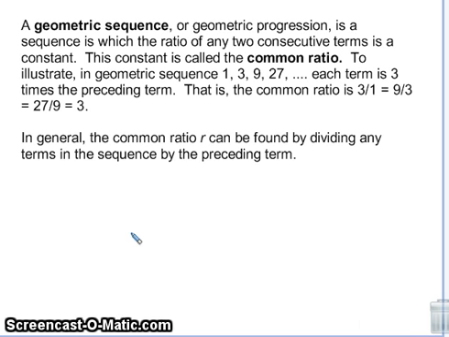In general, the common ratio R can be found by dividing any term in the sequence by the preceding term. And so R can be found by saying a sub n plus 1 divided by a sub n.